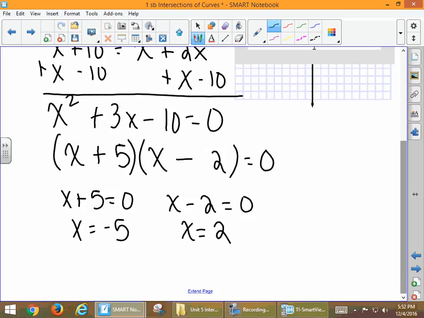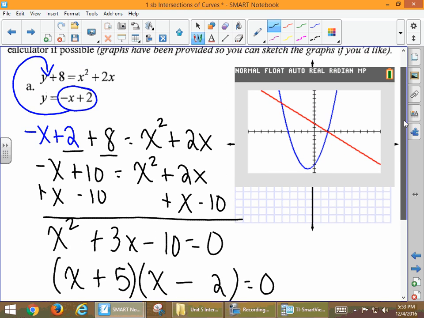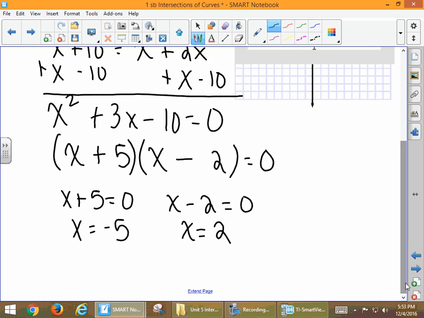And those are the x values of our ordered pairs where our two curves, so to speak, cross.